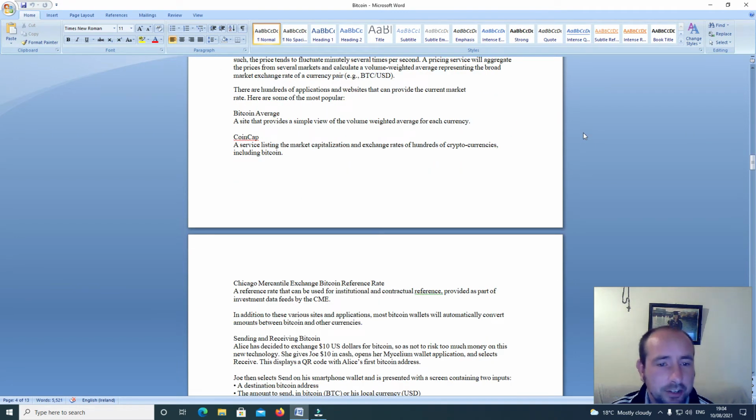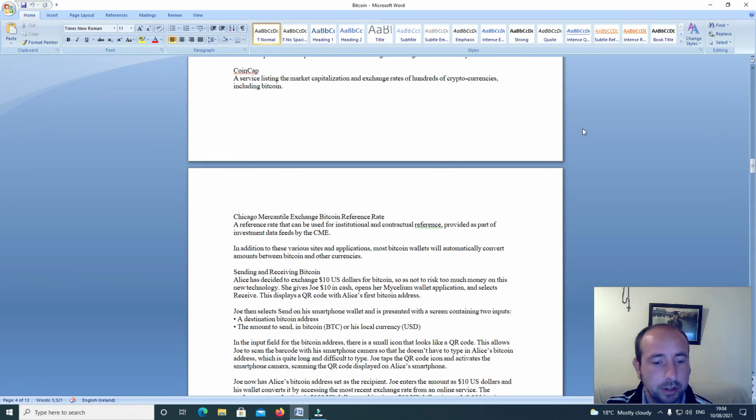Bitcoin Average, a site that provides a simple view of the volume weighted average for each currency. CoinCap, a service listing the market capitalization and exchange rates of hundreds of cryptocurrencies including Bitcoin.